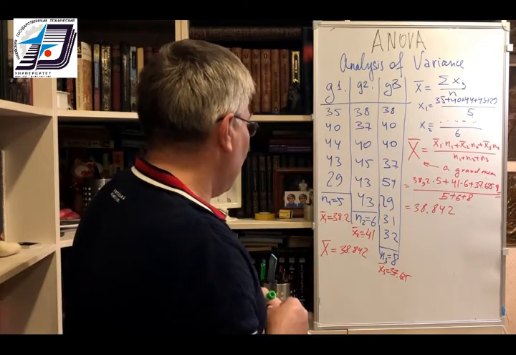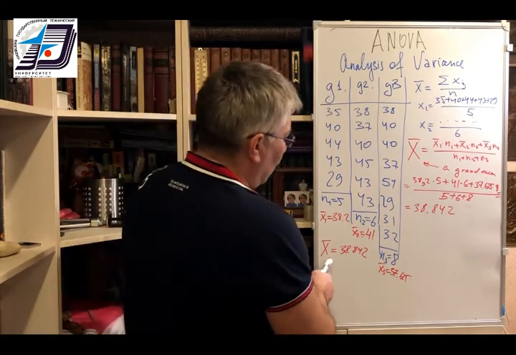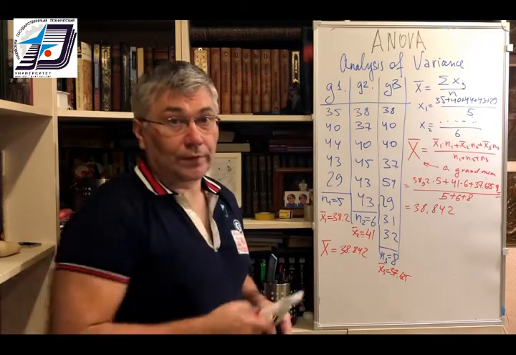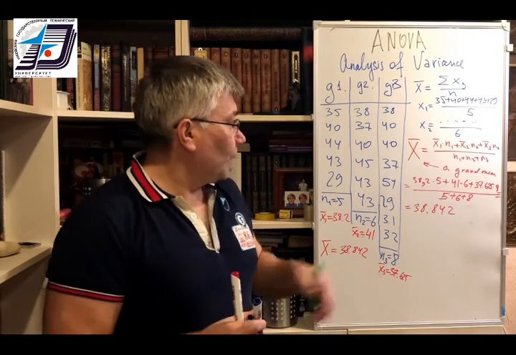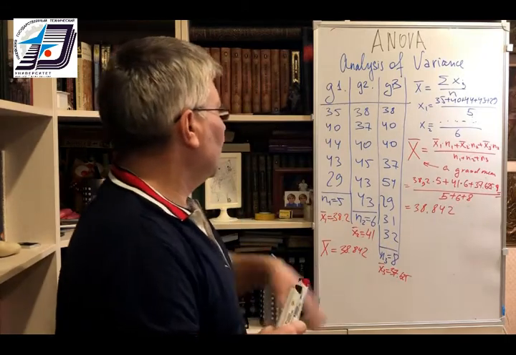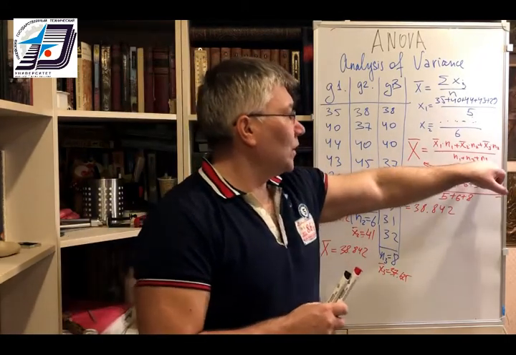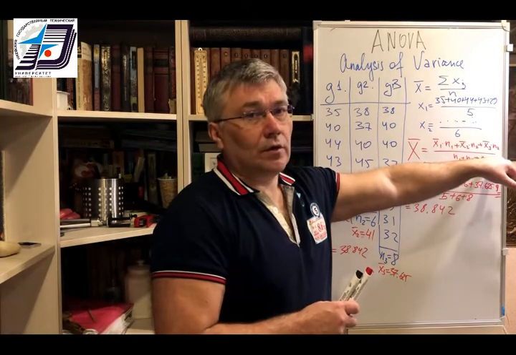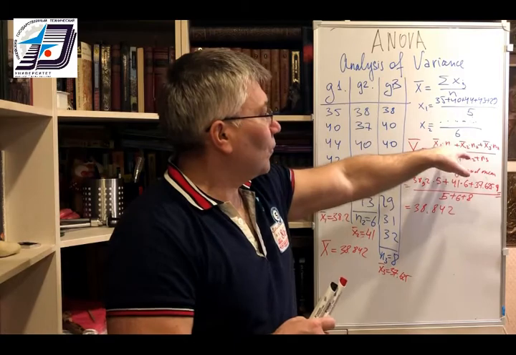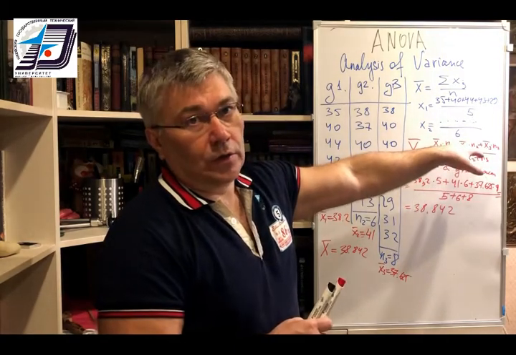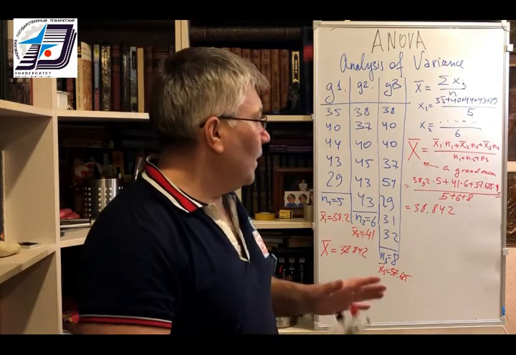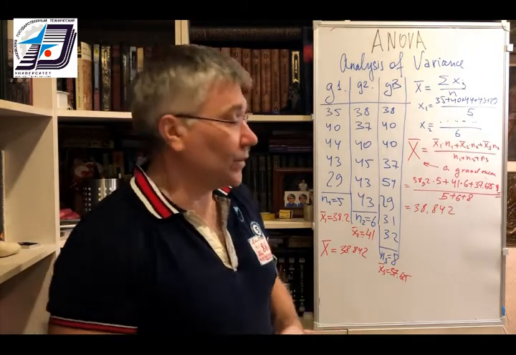You can notice that the grand mean is very close to both x1 and x3. So this is the formula for the grand mean. We have 3 samples here. If we have 4 samples, we have an extra term in the divisor and an extra term in the numerator of this formula. And after this we have to calculate variances.